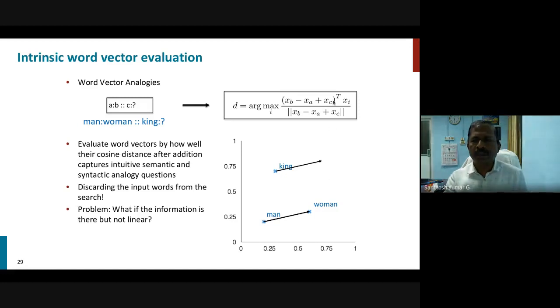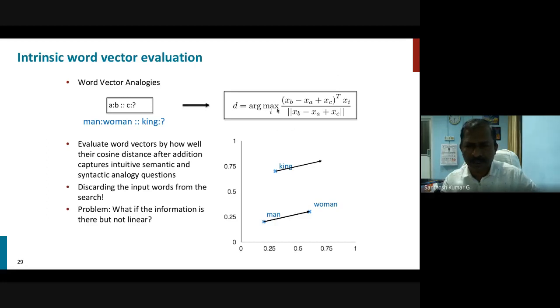So what is this? This is basically the dot product between the difference between this plus xc transpose and the word that has been picked by the system, divided by the L2 norm of the thing. So this is nothing but A dot B divided by L2 norm of A and L2 norm of B. So that should give the vector D. Very, very simple argument, and you take the maximum out of that.